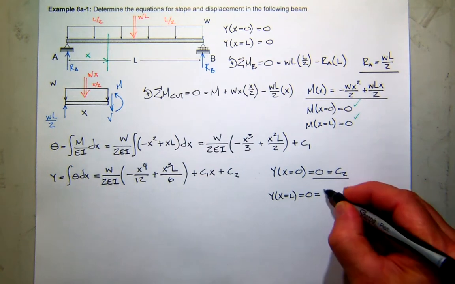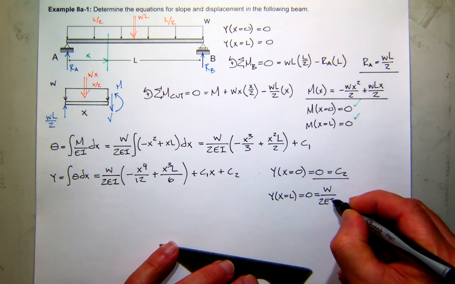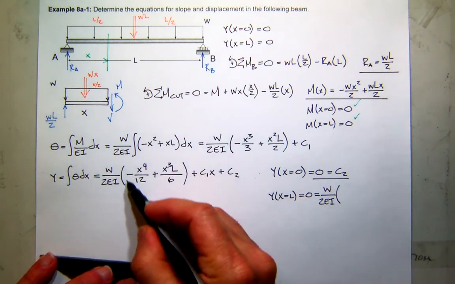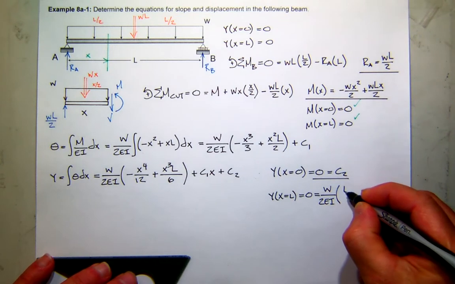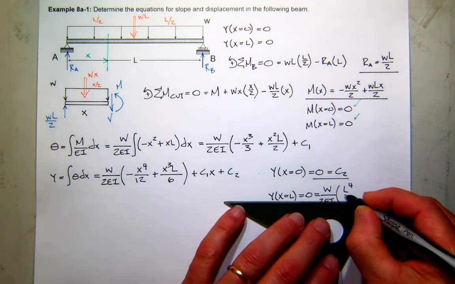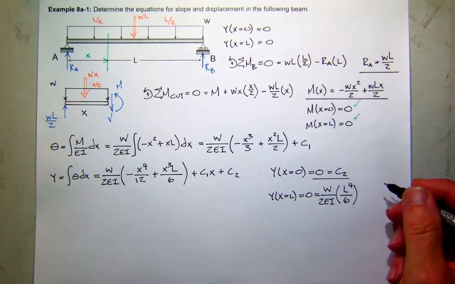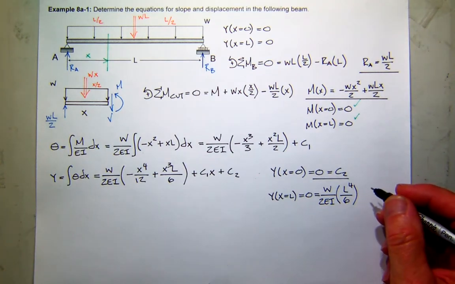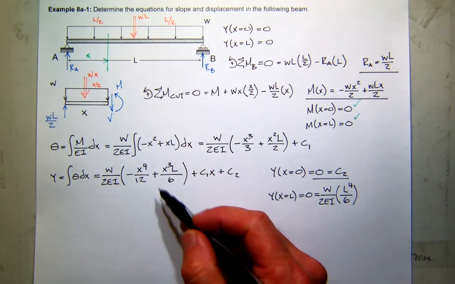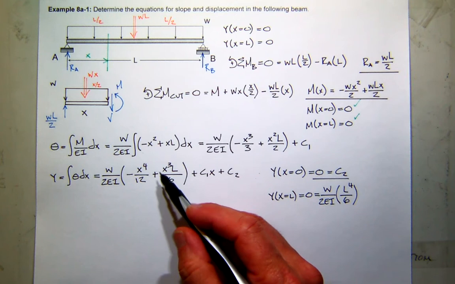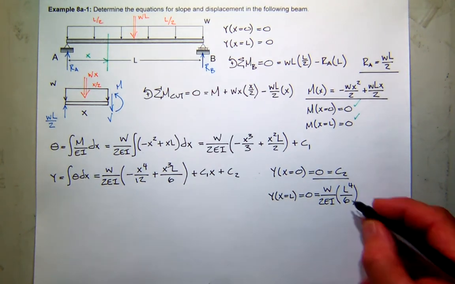So that should be W over 2EI. Well, this is negative 1/12 and this is positive 2/12, right? A 6th is 2/12. Yeah. So you should get positive a 12th. I wrote 6. I meant a 12th.